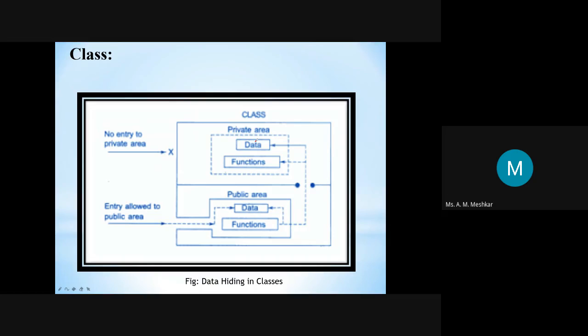The private data and functions can be accessed by the public part of this class, but the private part cannot be accessed from outside. The public part can be accessed directly by outsider functions. If an outsider function wants to access the private data, it has to go through this.